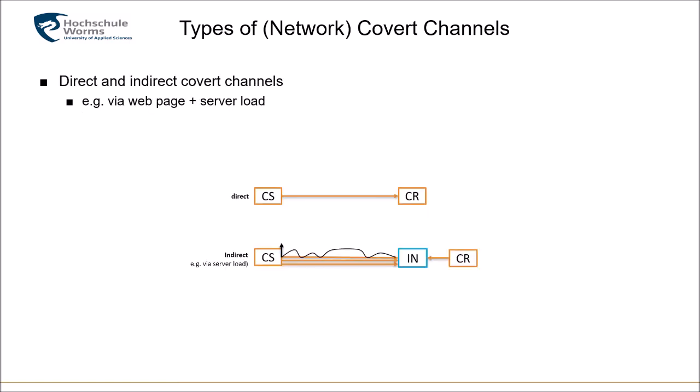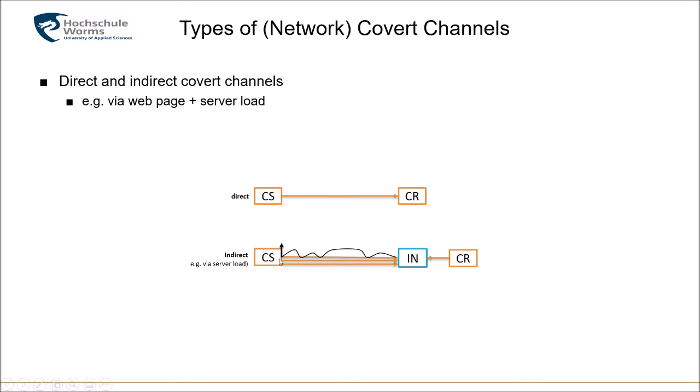Another type of covert channel differentiation is between direct and indirect covert channels. In a direct way, the sender directly sends to the receiver, but in the indirect way, some intermediate node is exploited to signal hidden information.